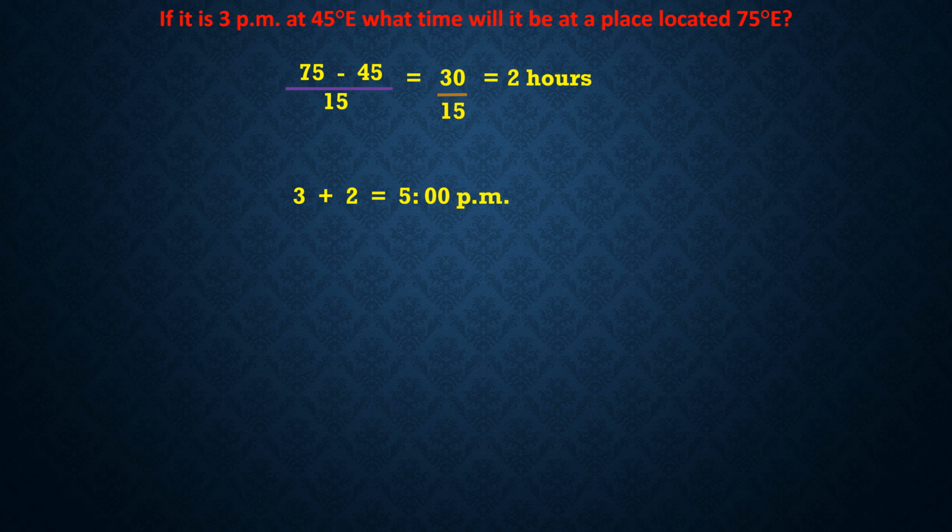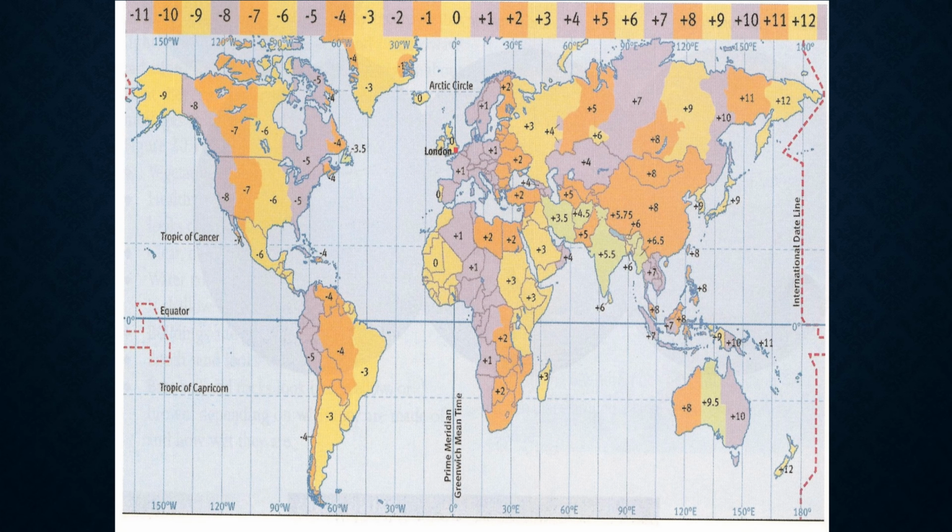Now remember earlier we calculated that there is a 2-hour time difference between the places located at 45 degrees east and 75 degrees east. Well, let's put that to the test a little, shall we? So we go back to our chart. Here is our 45 degrees east, and we say 1 hour, then we say 2 hours.